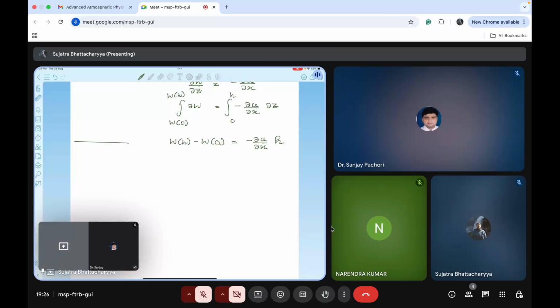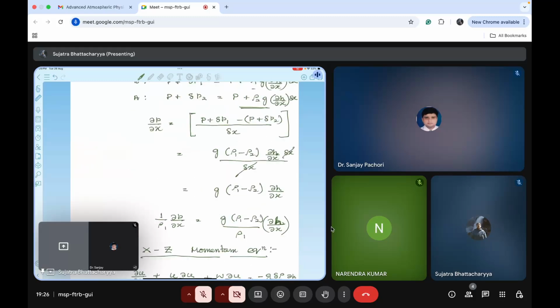And at the surface, the vertical velocity is 0. So only we have w of h, which is minus delta u delta x into h. What is w of h? Can I write it as dh dt?